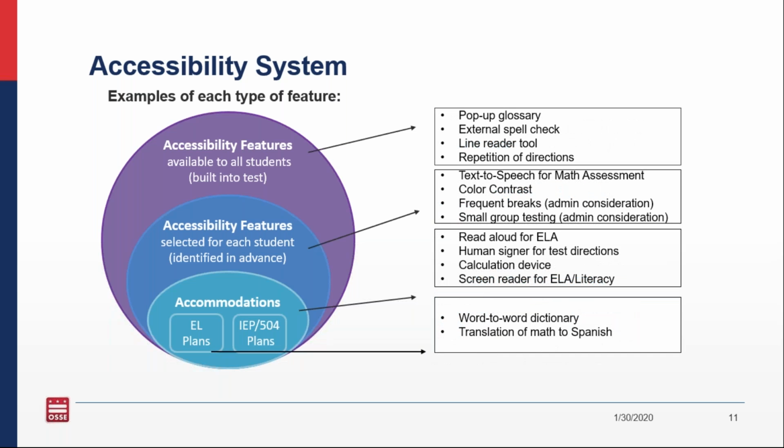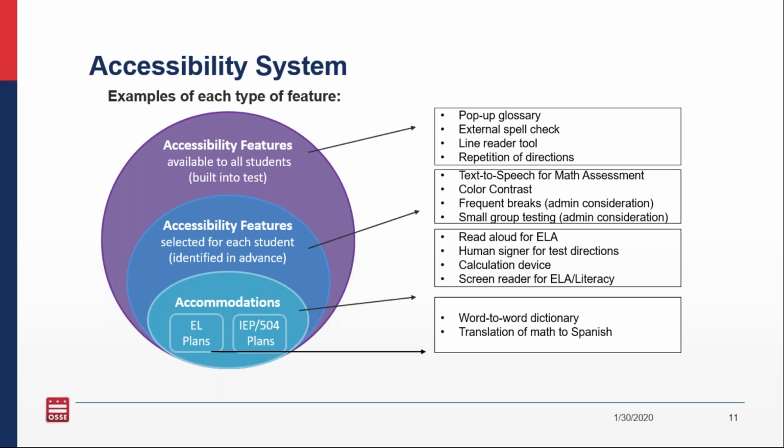So, some examples of each type of feature that we just discussed. For accessibility features, some examples consist of a pop-up glossary, external spell check, line reader tool, and repetition of directions. Examples of accessibility features that must be identified in advance for them to be turned on in the system include text-to-speech for math assessment, color contrast, frequent breaks, and small group testing.